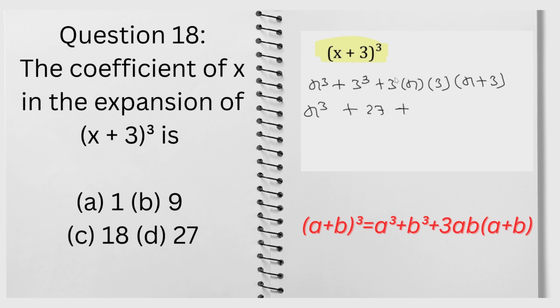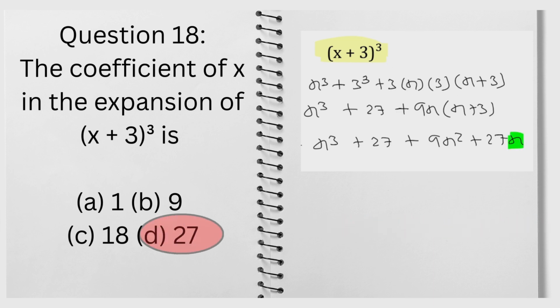And if I simplify this, this is 3 into 3, 9. 9x bracket x plus 3. Now in one more step, we are going to open this bracket. So this is 9 times x is what? 9x square. And 9 multiplied by 3 is how much? 27x. Now check here, we have x over here, and the coefficient of x is what? 27. So we'll say that the coefficient of x is 27 in this case.